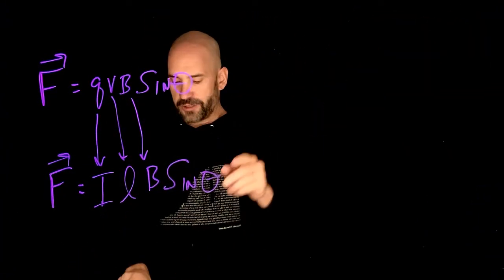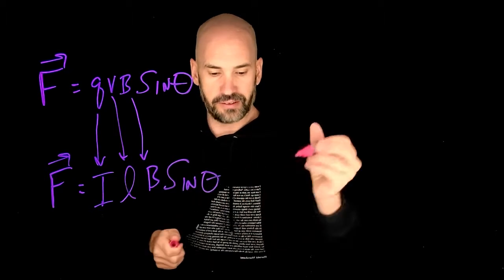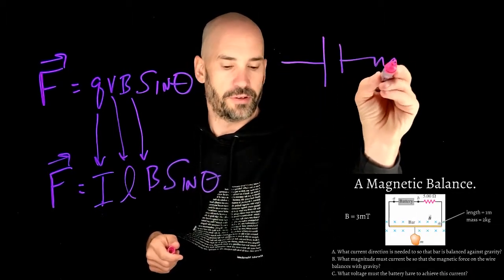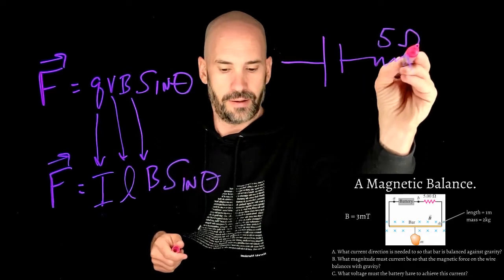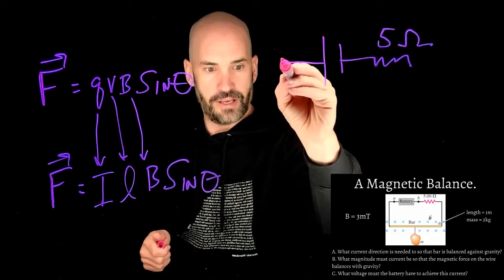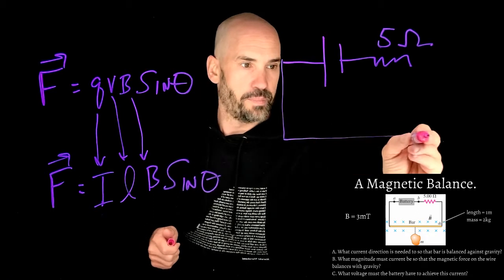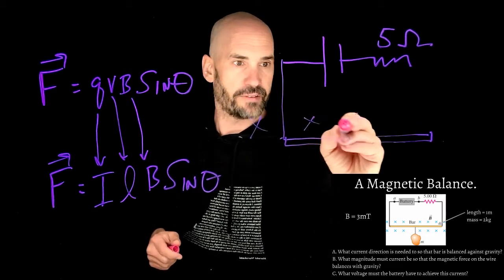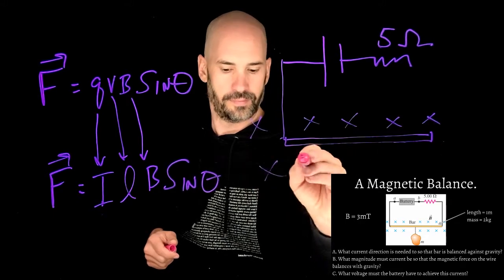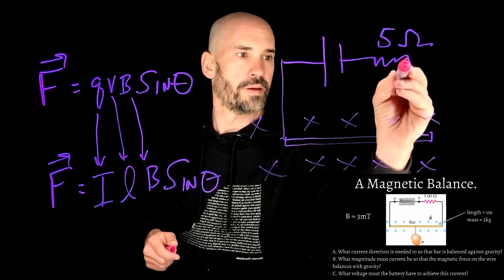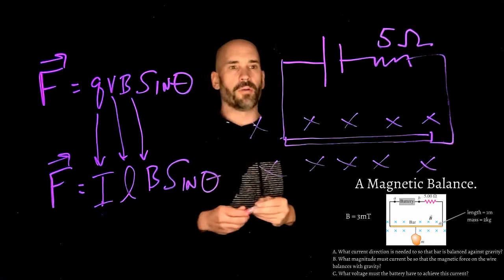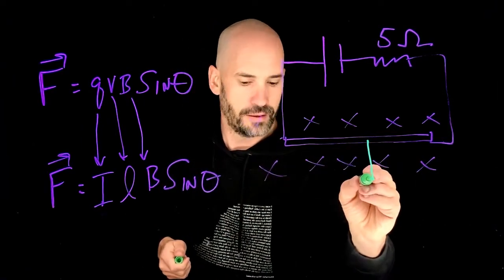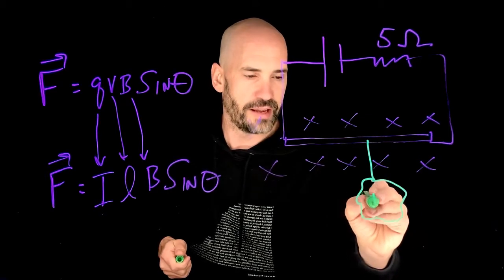As this picture suggests, in the magnetic balance, we have a battery and a little resistor. It's 5 ohms. And over here we have a bar that is moving through a magnetic field. From that bar is hanging some sort of mass m.